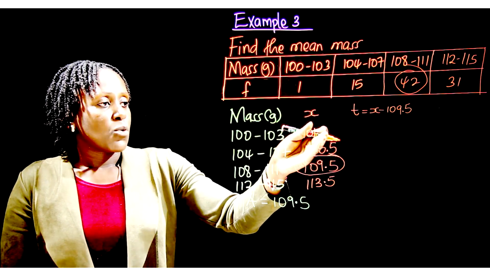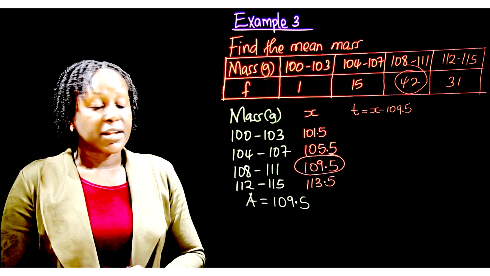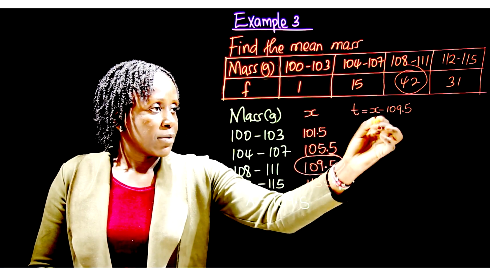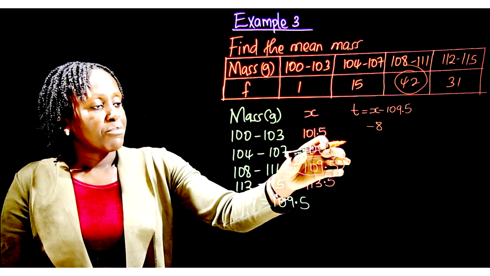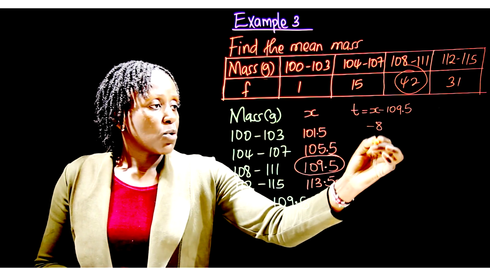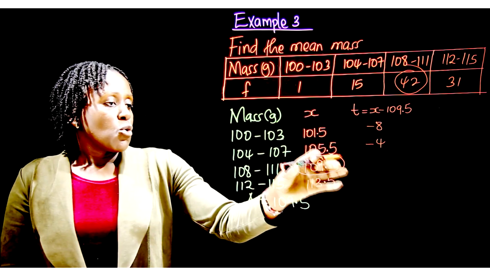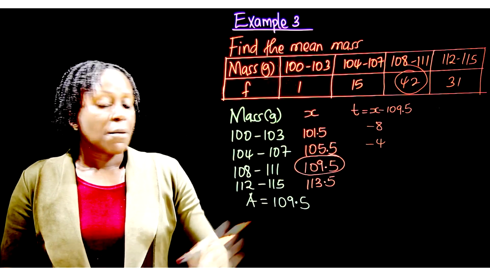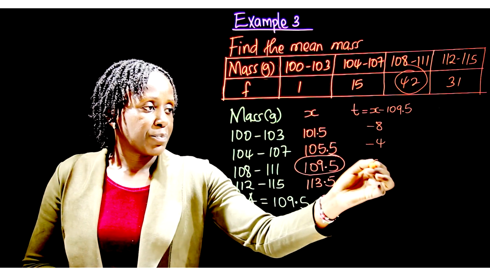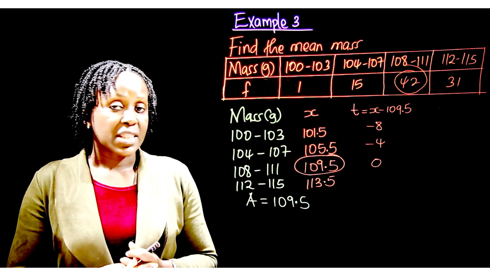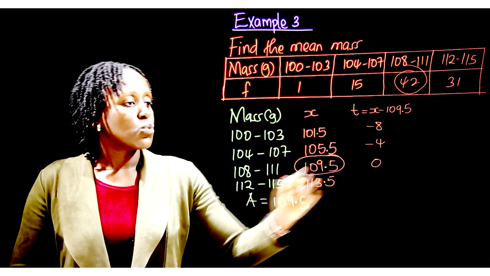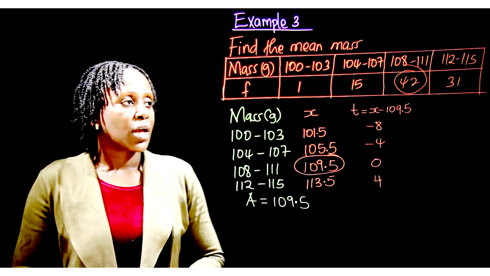So 101.5 minus 109.5 will be equal to negative 8. 105.5 minus 109.5 will be equal to negative 4. 109.5 minus 109.5 will be equal to 0. And then 113.5 minus 109.5 will be equal to 4.